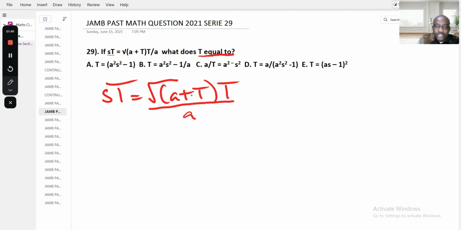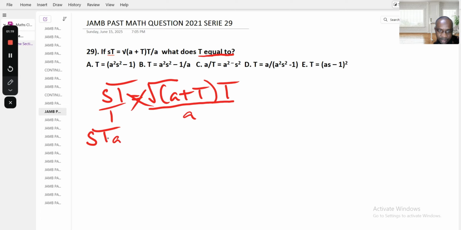We need to make t the subject. The next thing we are going to do is cross multiplication. Cross multiply, divided by 1 is the same thing as st. Now let's cross multiply. st multiplied by a is going to give us what?